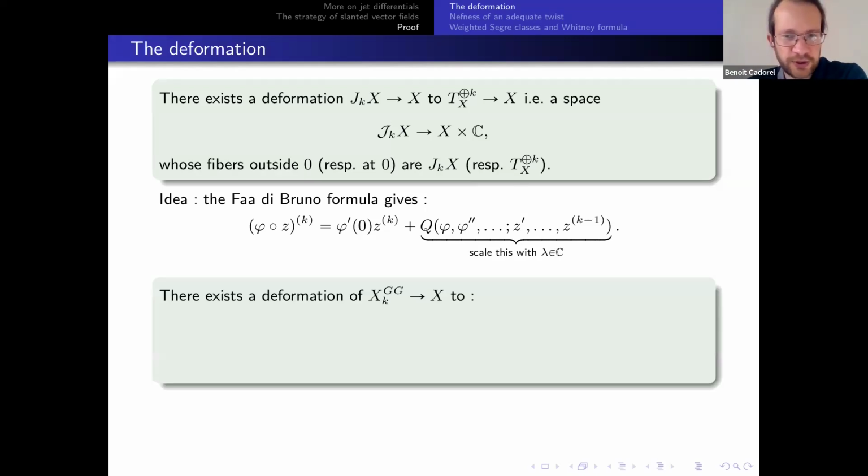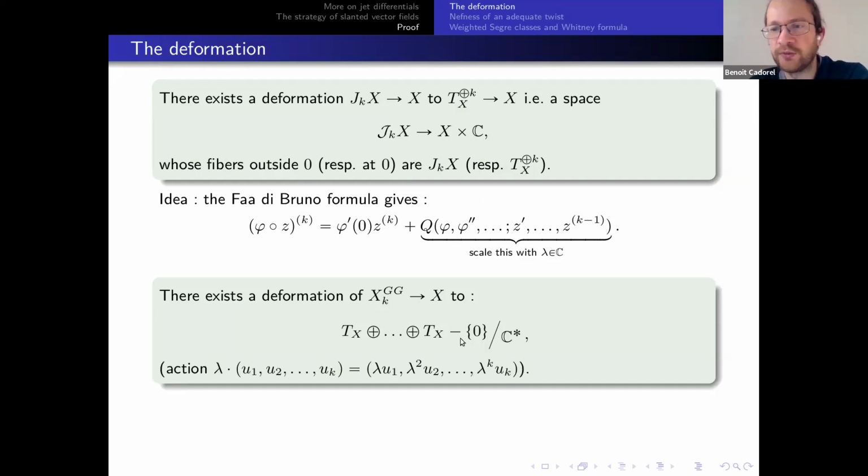So once you projectivize it, you may say that there is a deformation of the quotient of this J_k X minus the zero section by C star to the exact same thing, but with k copies of the tangent bundle. But be careful: the action of C star on these copies is given with different weights. So you have weight 1, weight 2, up to weight k. And it gives you a deformation of X_k^GG to another bundle, which is also a bundle in weighted projective space.